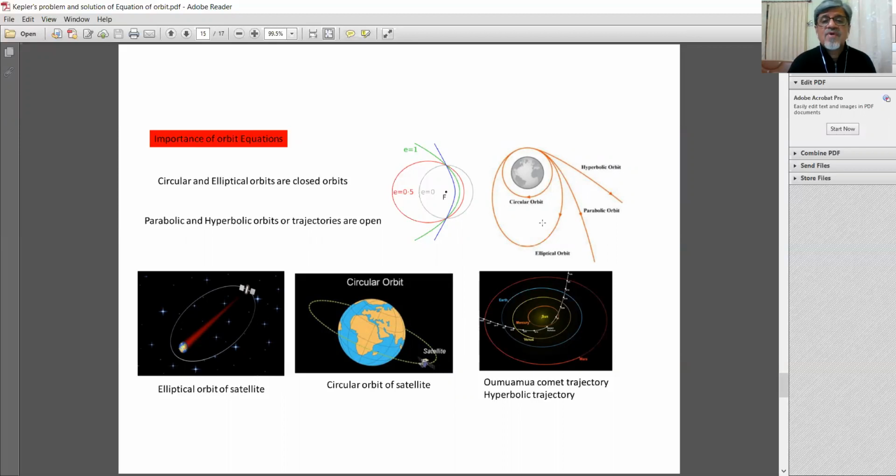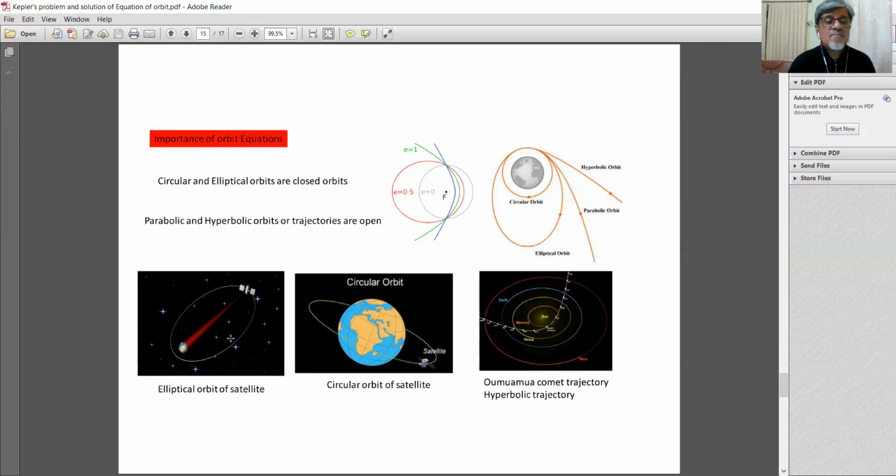We know that whenever any spacecraft is launched, first it is moving in a circular orbit, then goes into the elliptical orbit, then parabolic orbit, and then hyperbolic orbit. If it is Chandrayaan, first it is in a circular orbit, then elliptical orbit, parabolic orbit, then hyperbolic orbit, then goes straight towards the moon. So this is a very important thing: how to change the orbit by changing the eccentricity and energy.